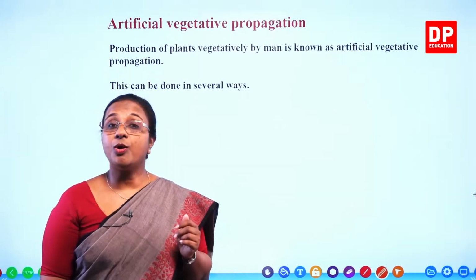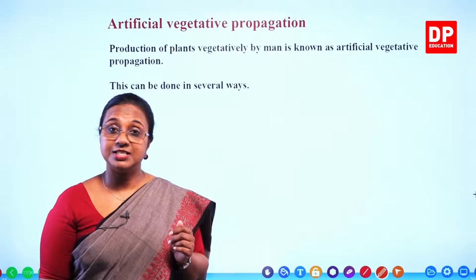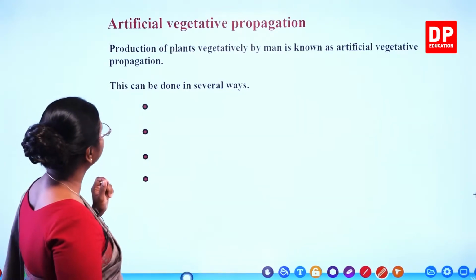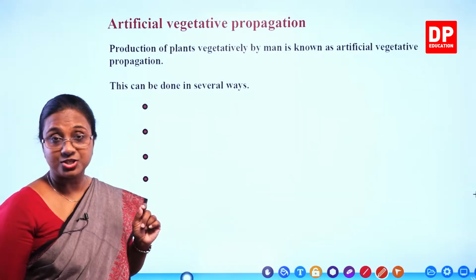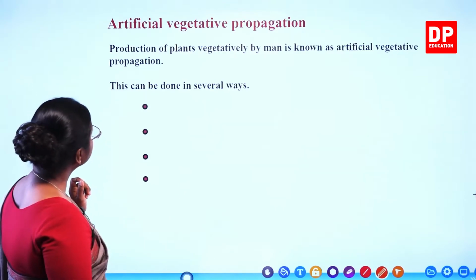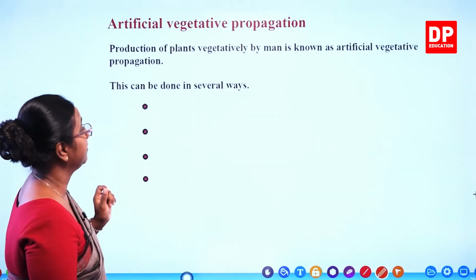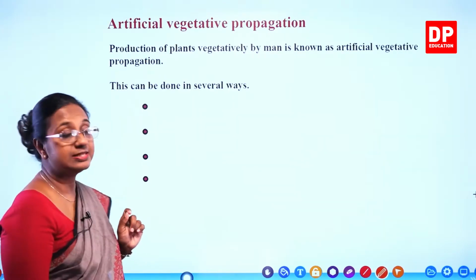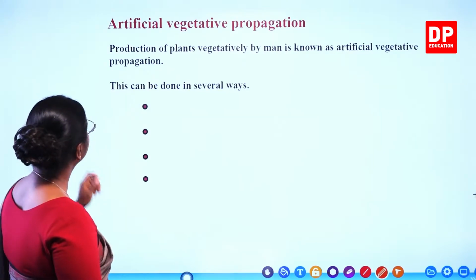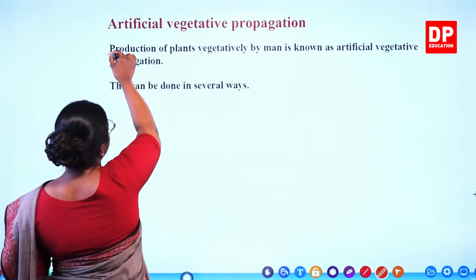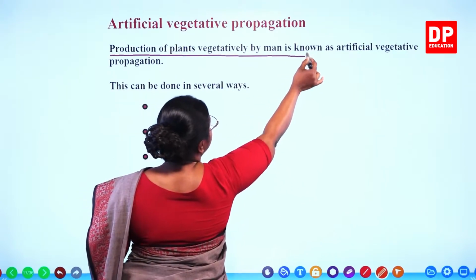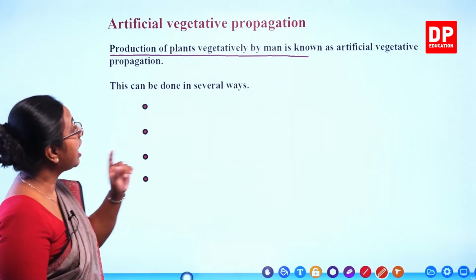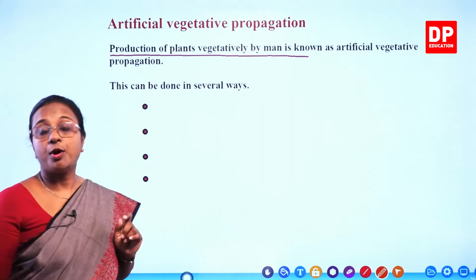Then of course we call it the artificial vegetative reproduction or artificial vegetative propagation. Production of plants vegetatively by man is known as artificial vegetative propagation.